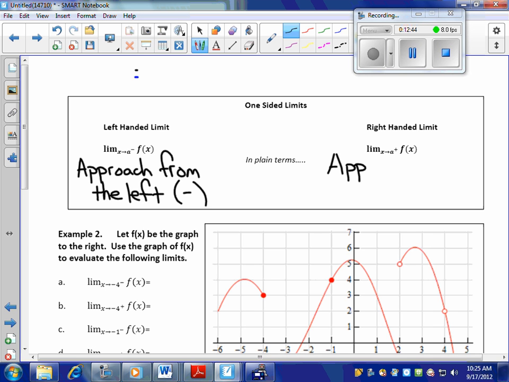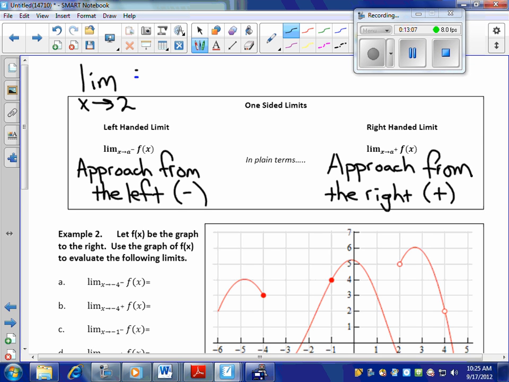And that really means we approach from the right, or the positive. That's why there's a positive. The most confusing piece, I think, to people about this is as they see notation like this, the limit as x approaches 2 from the negative, they think that this means negative 2. No. This means I approach 2 from the left-hand side. If it was a negative 2, you'd see a negative in front.